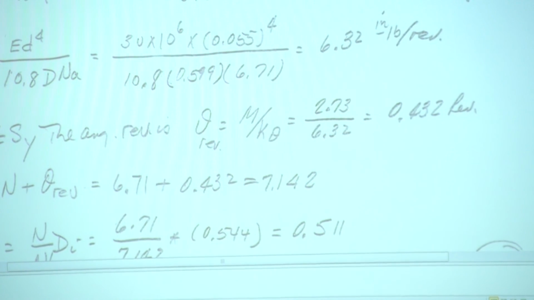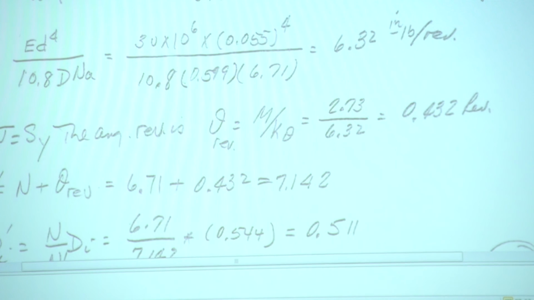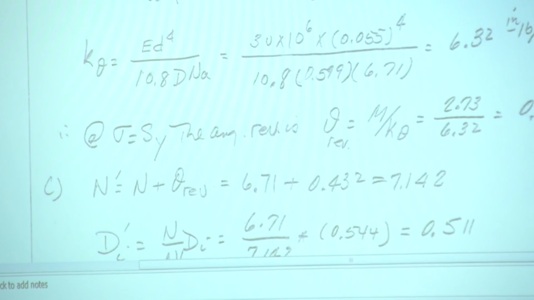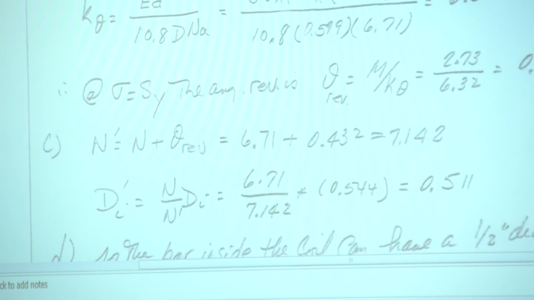The subscript is just to show that this is not a linear spring constant, but a rotational spring constant. That's all. If you want to use k prime or something, that's fine too. So 0.432. So the total number of coils has been increased by this value, 0.432.